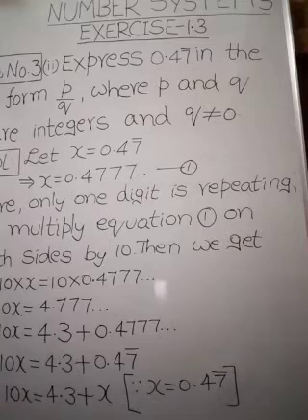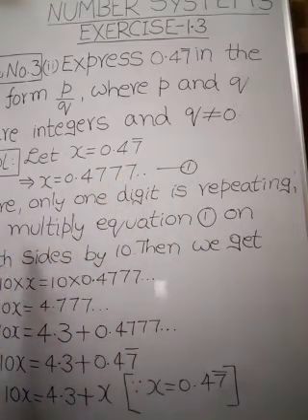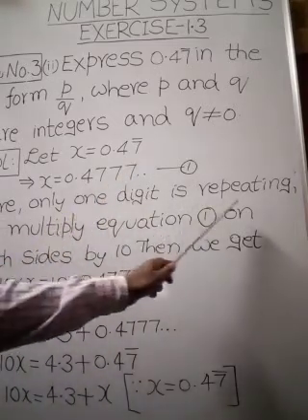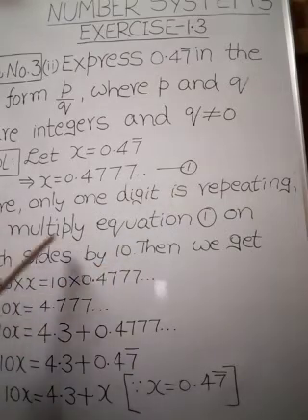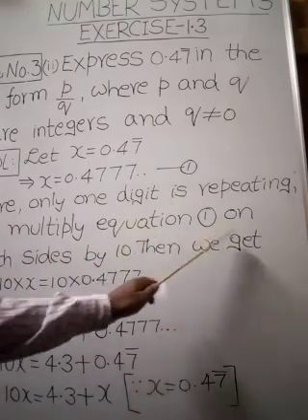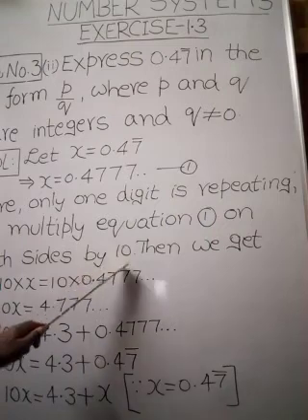Now we have to observe how many digits are repeating in the given non-terminating repeating decimal number. Only one digit, that is 7 only. So here only one digit is repeating. Therefore, we multiply equation 1 on both sides by 10 only.